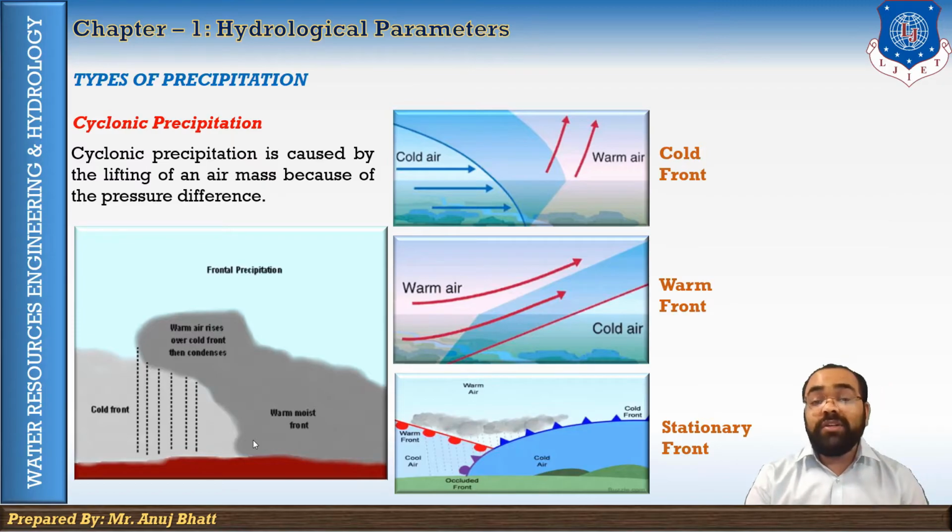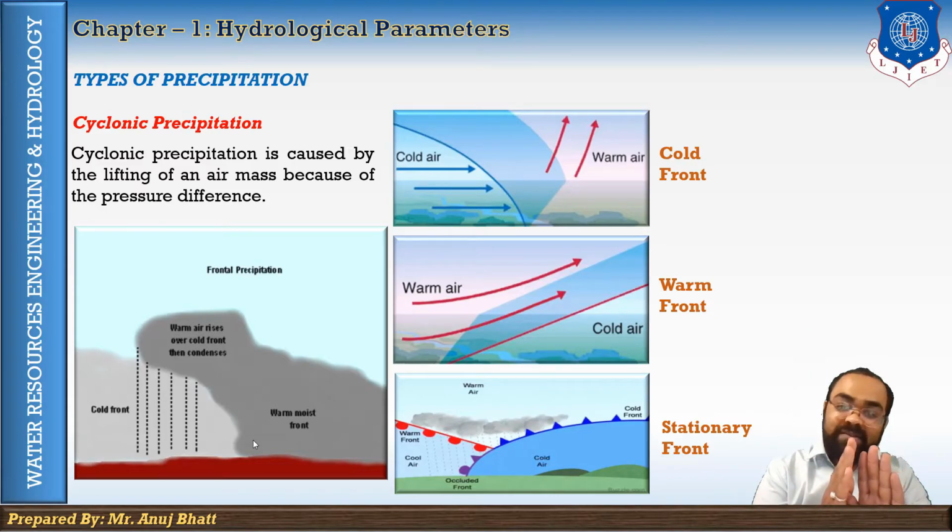Now if we discuss non-frontal precipitation, in this case the moist warm air is stationary, and the moving cold air mass meets the warm air mass, which is stationary, meaning it's steady.